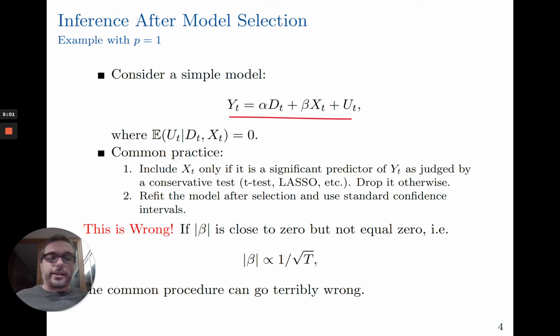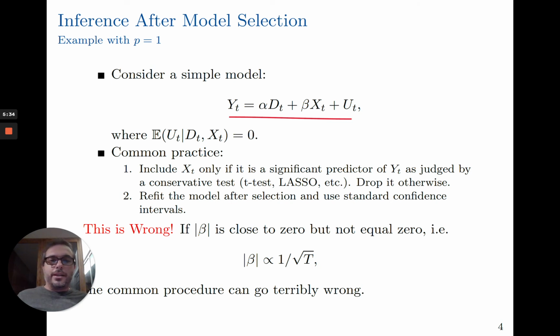And what's the common practice? Suppose that we are going to conduct model selection. Of course, with just two variables, probably we would run this regression and always include x. But let's say that we are going to use the usual machine learning model selection toolbox. So we only include x in this regression if it passes some kind of test.